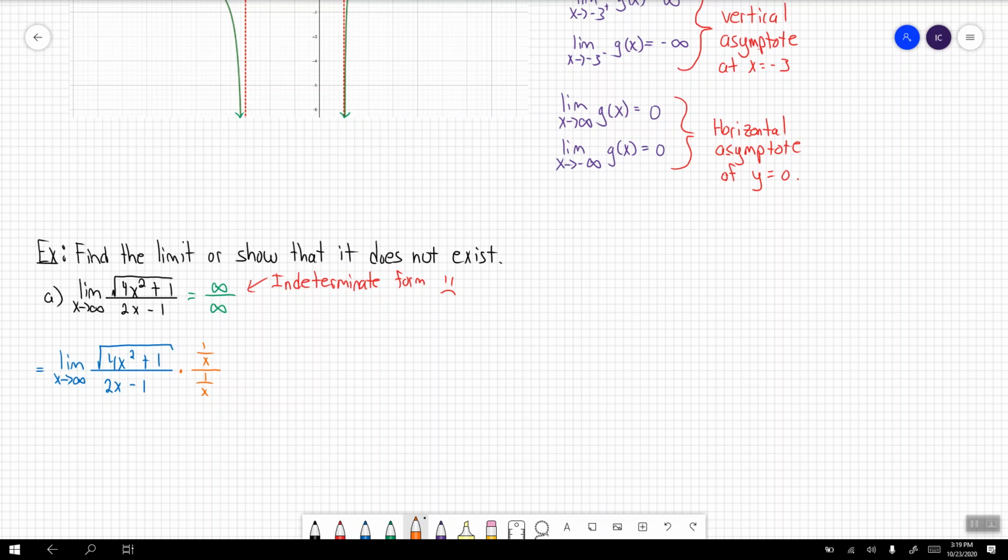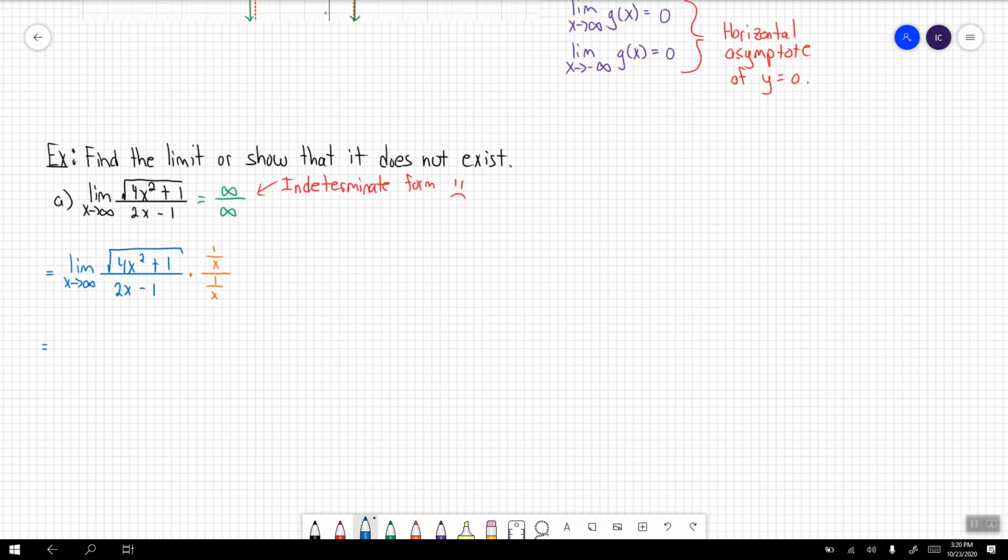So as I'm working with this, and let me actually backtrack here. As I'm working with this, I'm going to have the limit as x is approaching infinity. Now let's distribute.